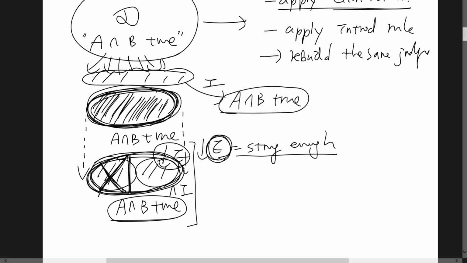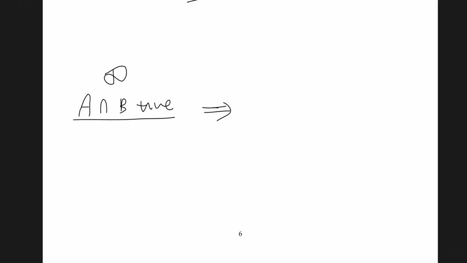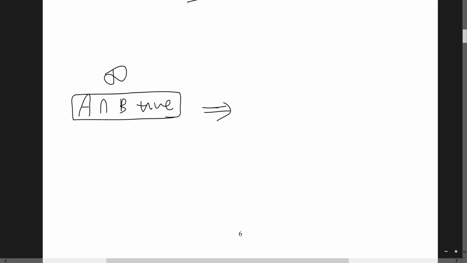So here's an example. Let's say we have A conjunction B true. How do we reconstruct A conjunction B true after applying the elimination rule? First of all, let's try to obtain as much information as possible by applying the elimination rule to this judgment.